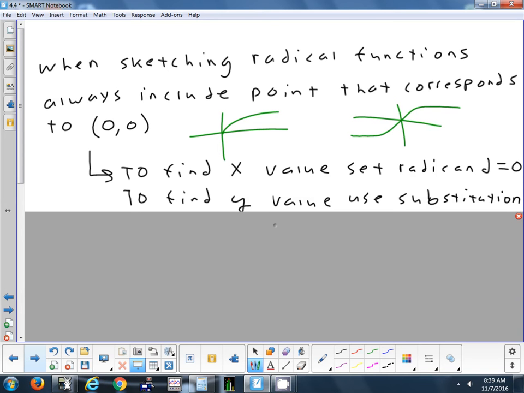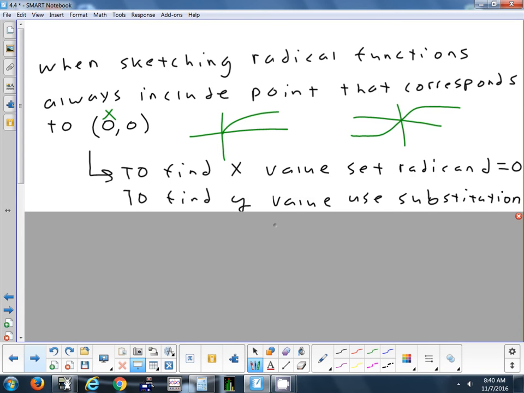So how do we figure out the 0, 0 point if we shift it and stretch it and flip it and all this stuff? Well, to get the x value, all you have to do is take the radicand and set it equal to 0. That's the x value. To get the y value, well, if you've got the x value, all you have to do is plug it in.